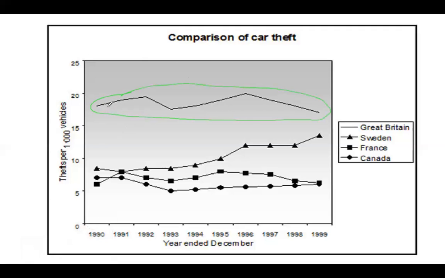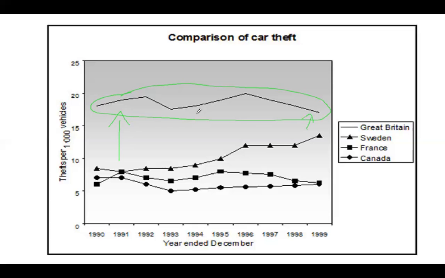It started off as the highest and it ended the highest, and it was significantly higher. Sweden came close, but still Great Britain was the highest. So that would be my first key feature.